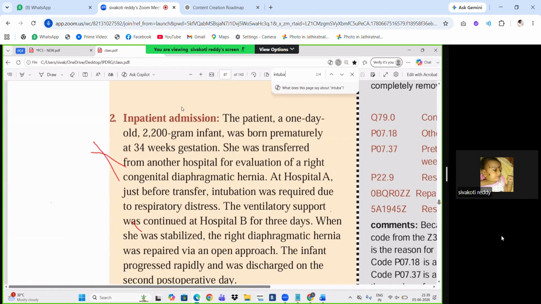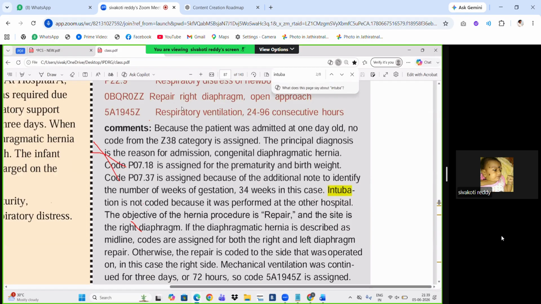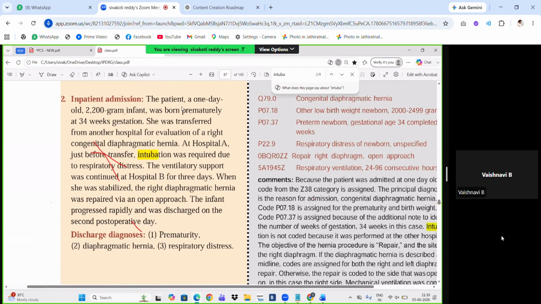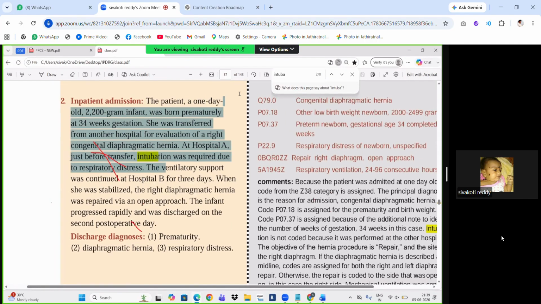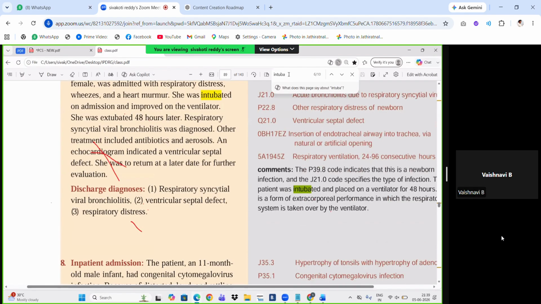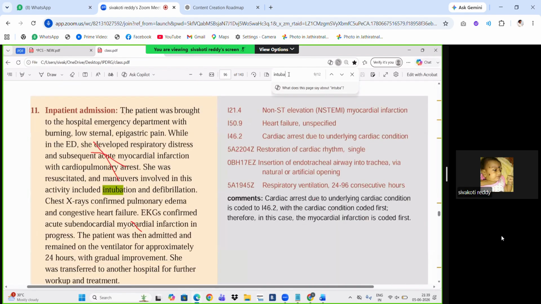What is the root operation for intubation? Suppose. What is the root operation for intubation? Insertion, sir. Insertion. Then where are they inserting? Endotracheal. Trachea, right? Yes. Under insertion, trachea. Okay. Like this you will get the procedure.